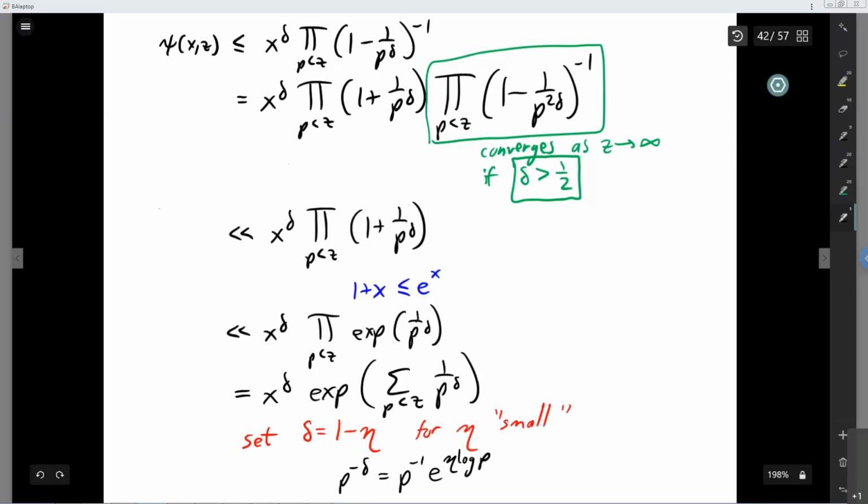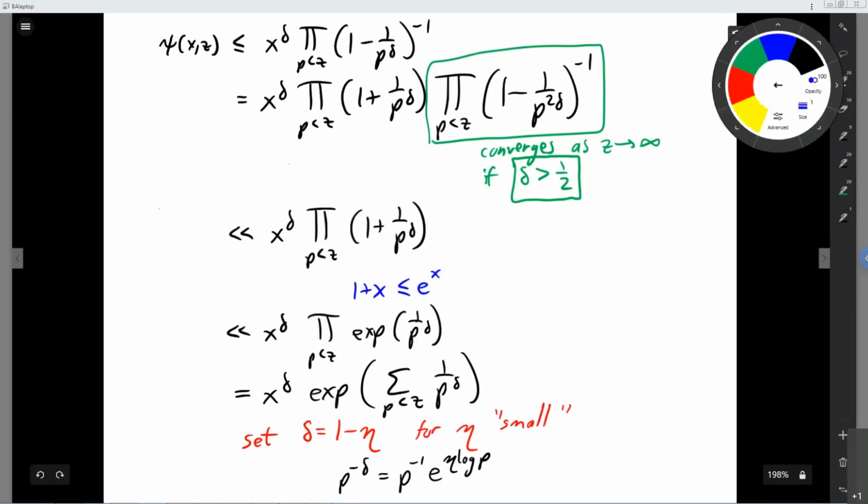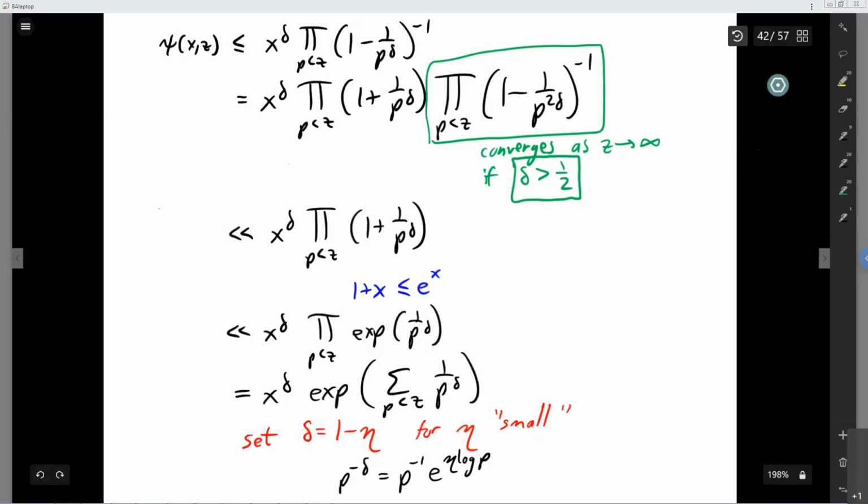And then we'll also use the fact that, and I'll write this in blue because it's a fact, e to the x is less than or equal to 1 plus x e to the x, which is what we'll use to bound that quantity.